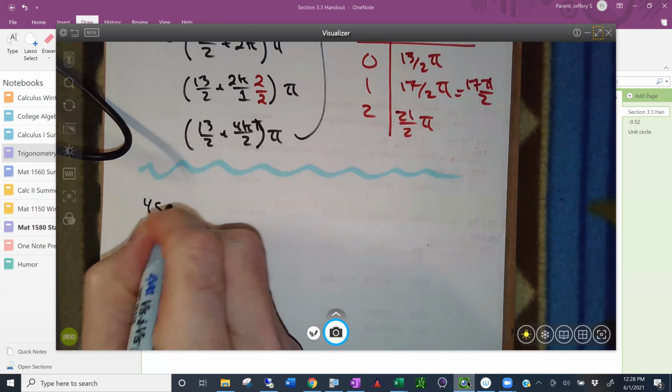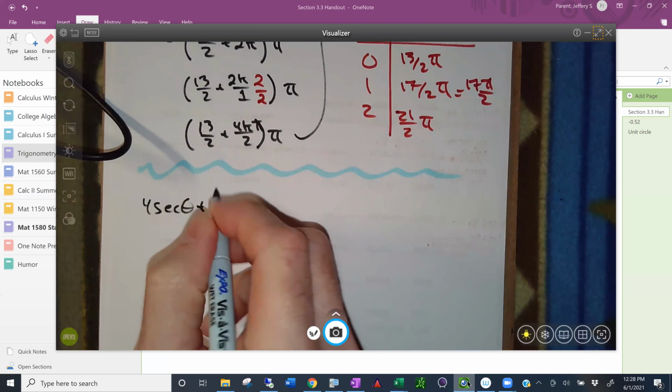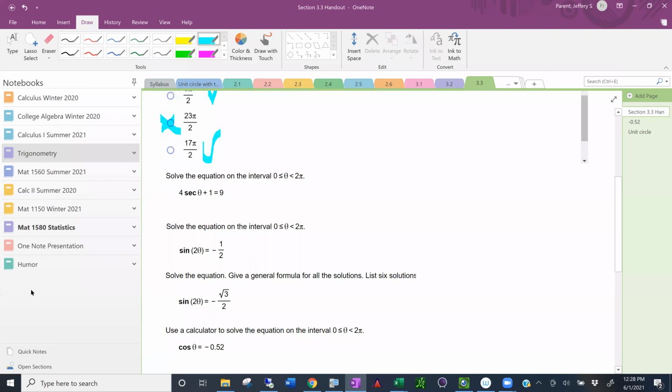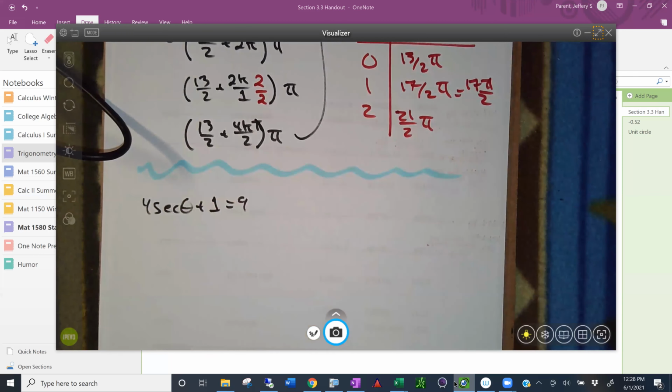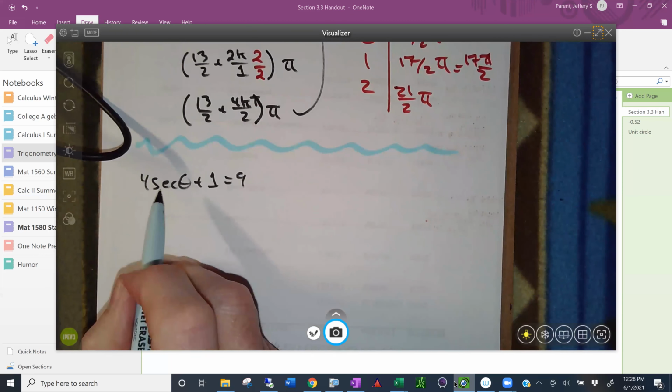4 secant theta plus 1 equals 9. I would start by isolating the trigonometric term here.